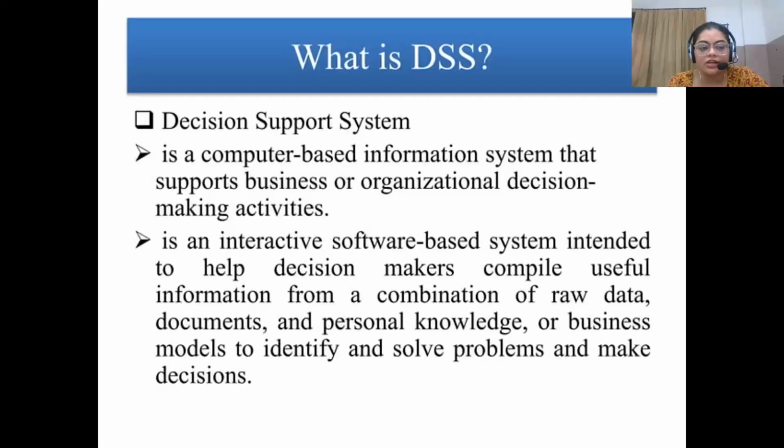So, it is an informational application as opposed to an operational application. It provides users with relevant information based on a variety of data sources to support better informed decision making. So in the end, we can say that a decision support system is basically useful for supporting better informed decision making.